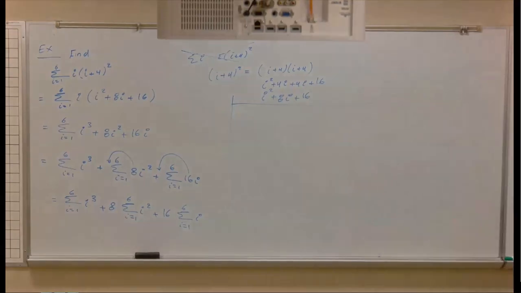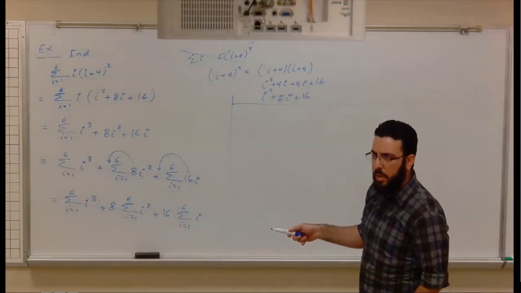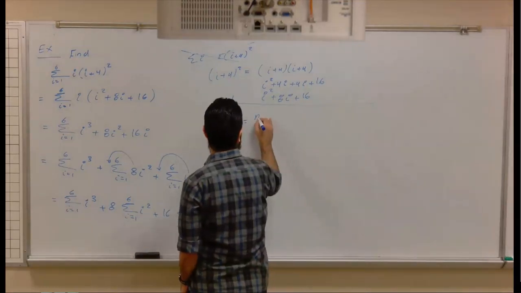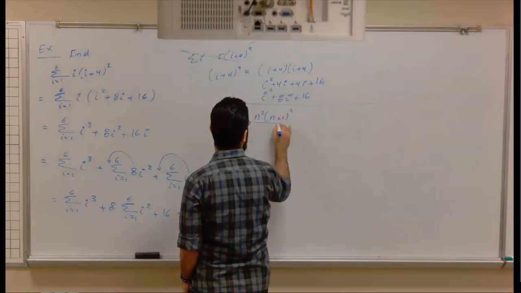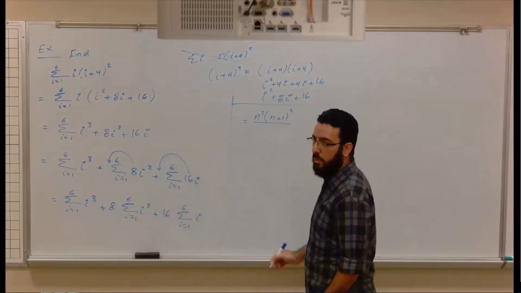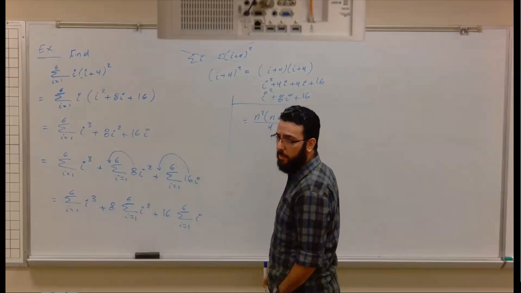Now it's easier, and we're just going to use the rules. We're going to keep the first one, I cubed, which is rule number 4. So it's going to be n squared times n plus 1 squared divided by 4. This is rule number 4.